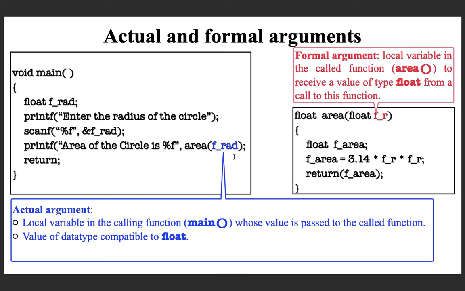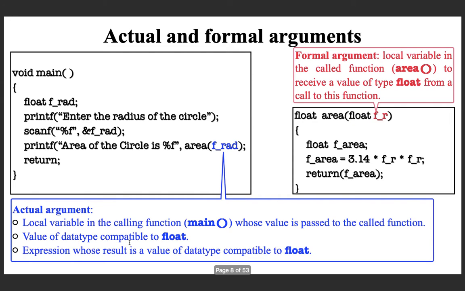Or here you can use directly a value compatible to float. I can pass 1.5 if I want, or you can pass 10, a decimal value, or a double precision value. That is what I mean by compatible.